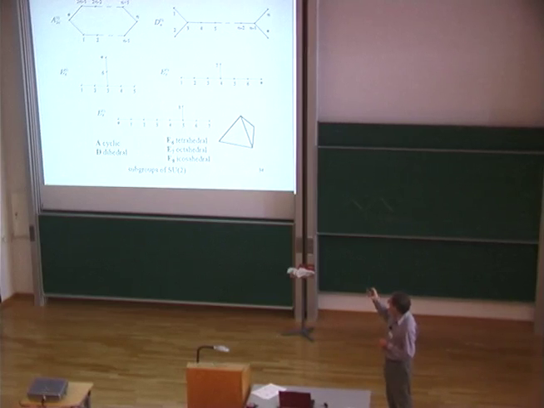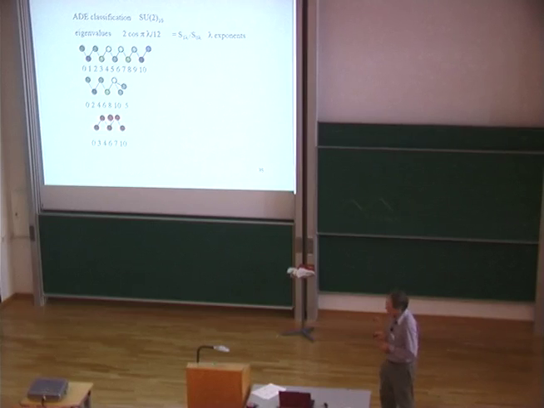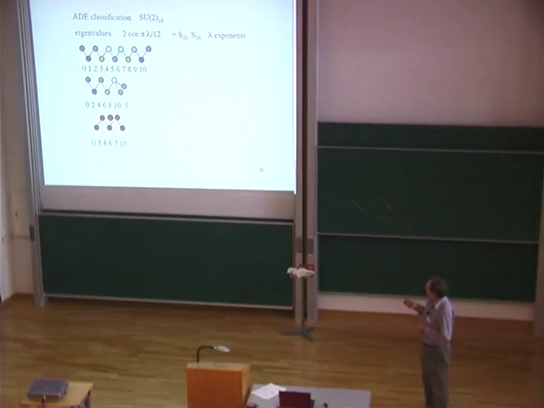You've got to remove one vertex that reduces the norm to be less than 2. And so you've got pictures like this, the non-affine ADE case. So this is a description of all the diagrams or the NIMREPs which appear in SU2 at level 10.